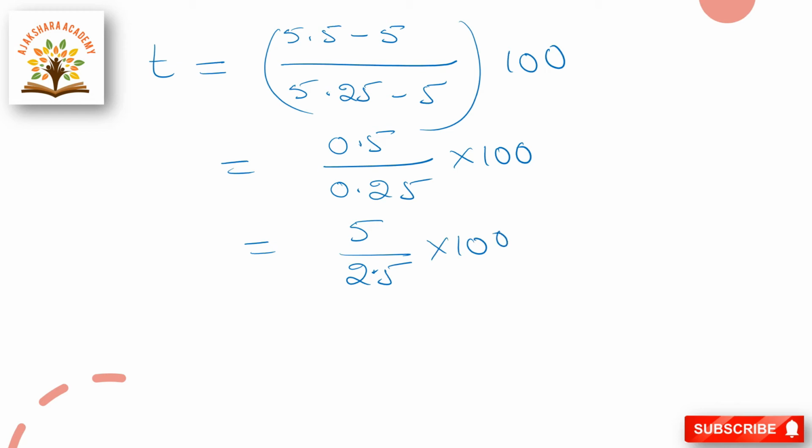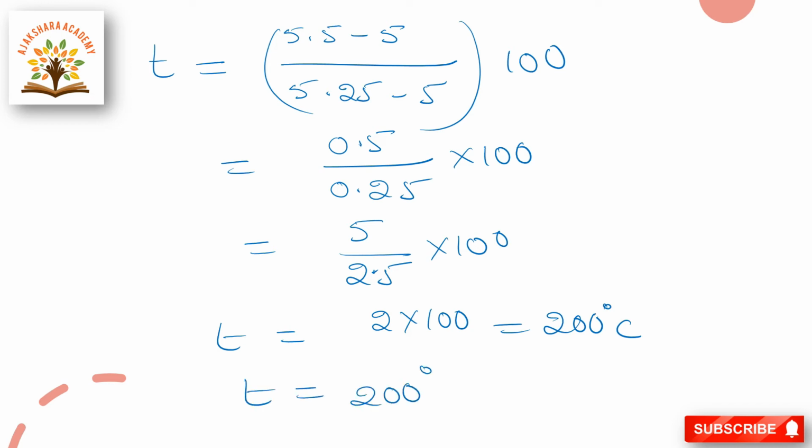So this can be written as 50 by 25, which is 2, into 100. So 200 degrees centigrade. So the temperature is equal to 200 degree centigrade.